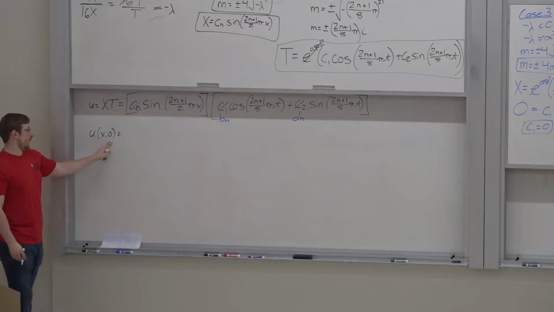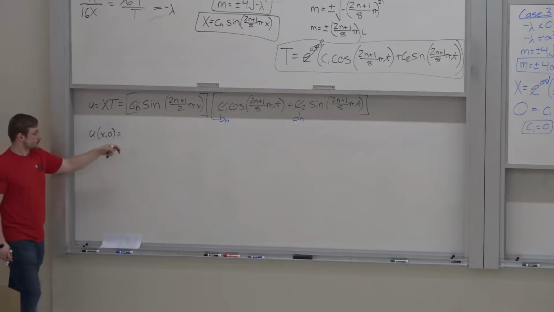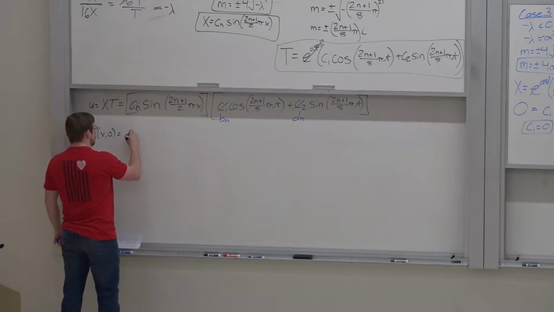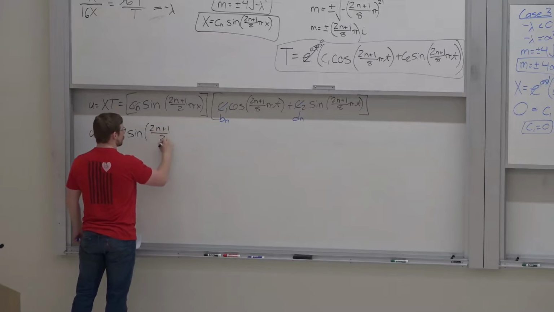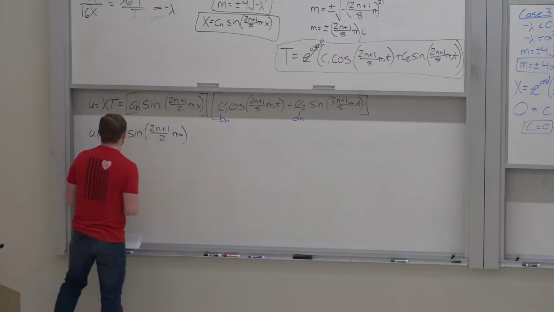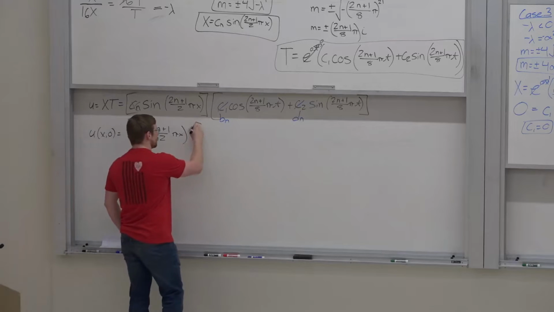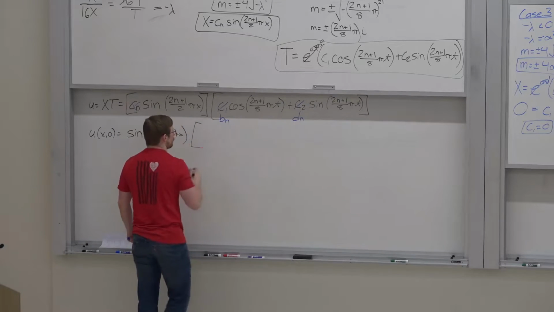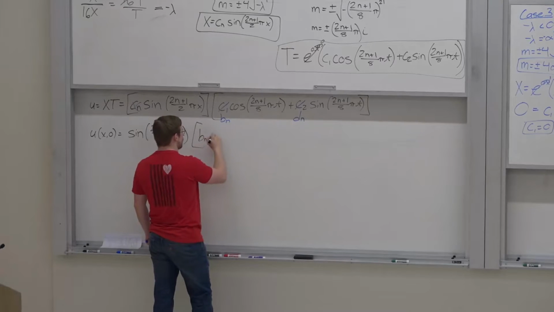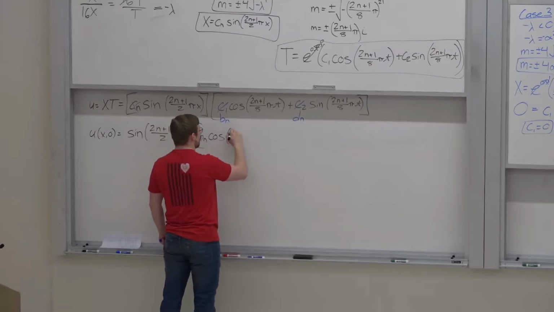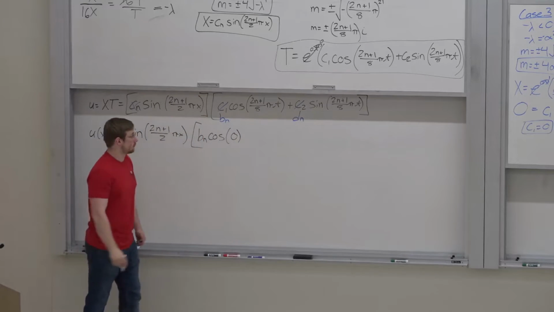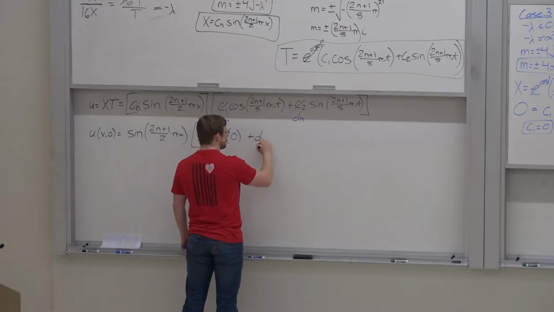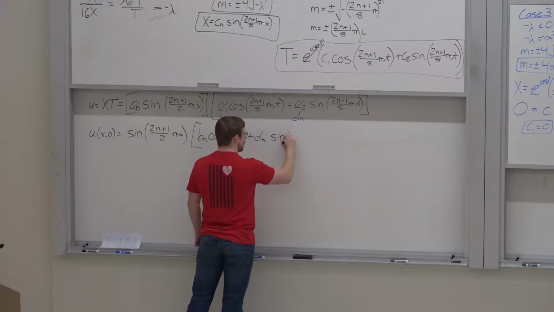This is saying u of x comma 0. That's going to be sine of (2n+1)/2 π x times, now I'm plugging in 0 for all of this, Bn cosine of (2n+1)/8 times π times 0, so cosine of 0, plus Dn times sine of 0.